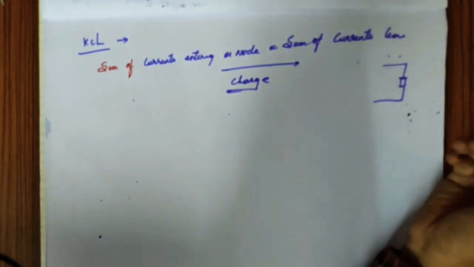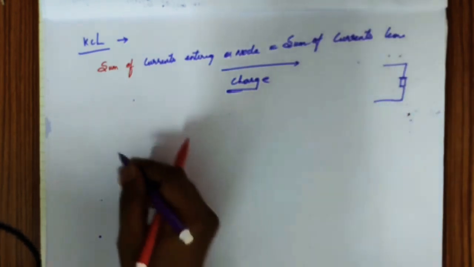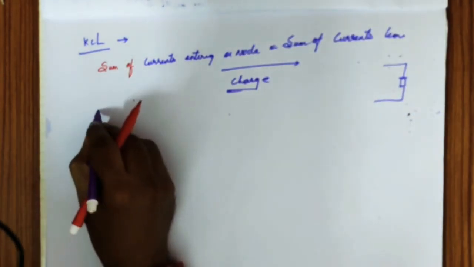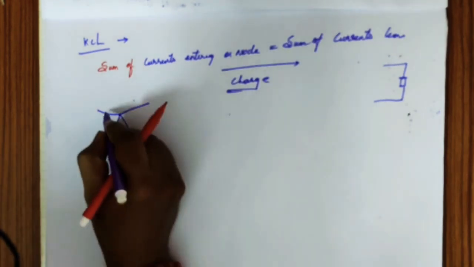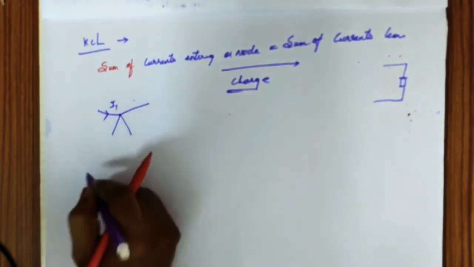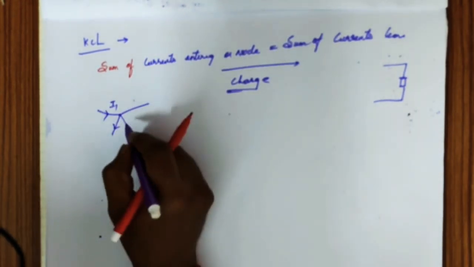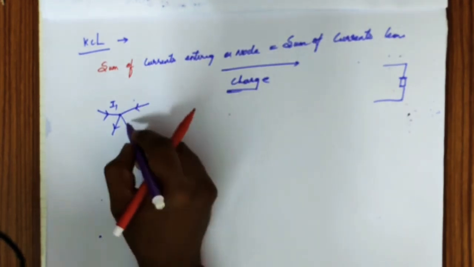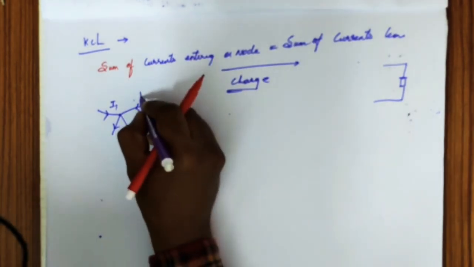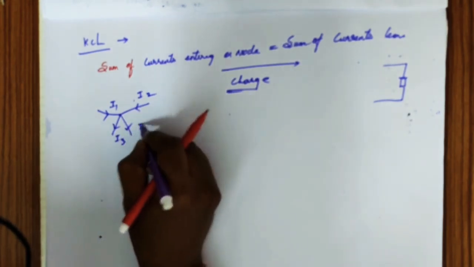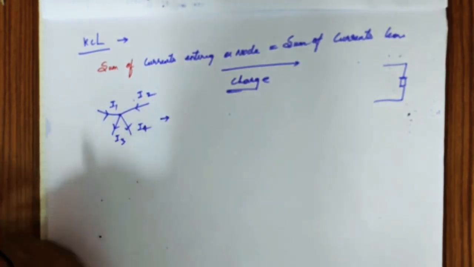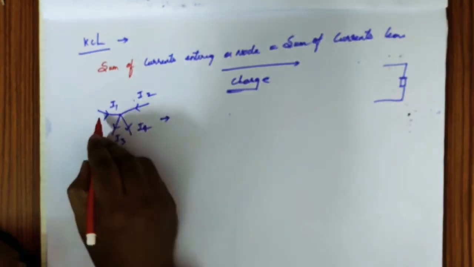So in a simpler way, let us take this is one branch, this is one branch, this is one branch. In a circuit, current will enter like this, and again current will leave, or current will enter like this and current will leave. So the currents entering here should be equal to the currents leaving. That is the secret behind KCL. That means in KCL, what are the currents entering that node?